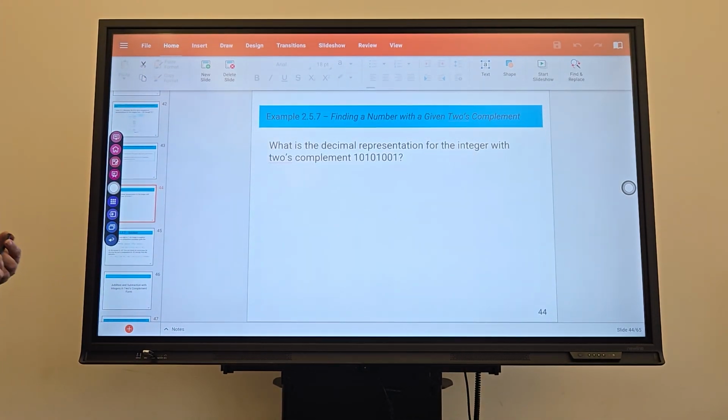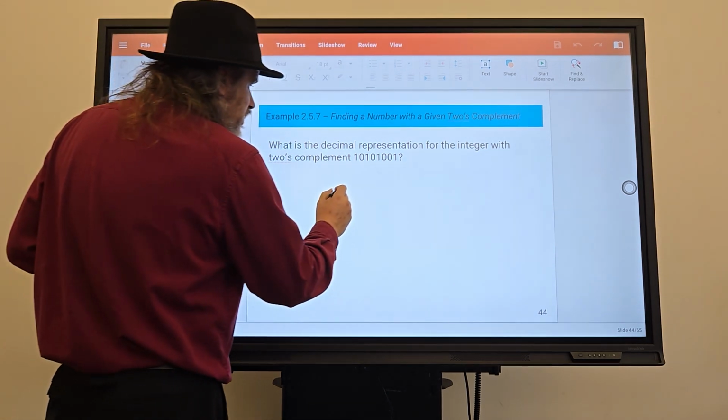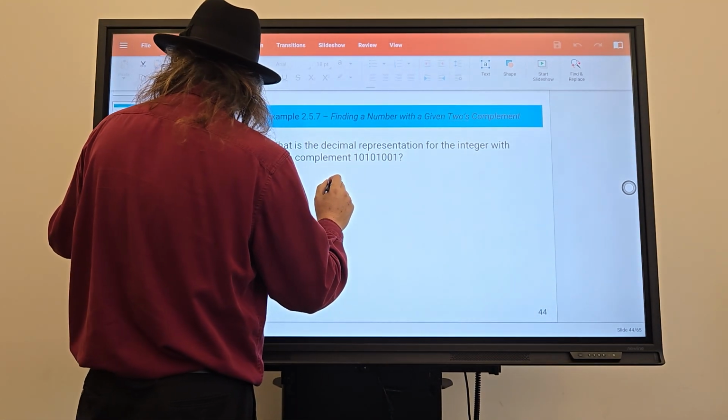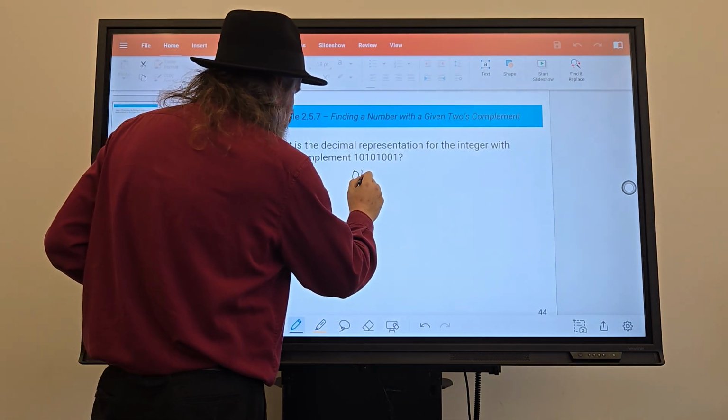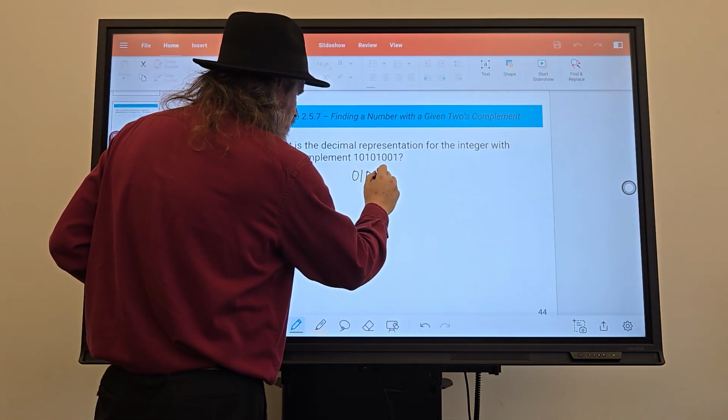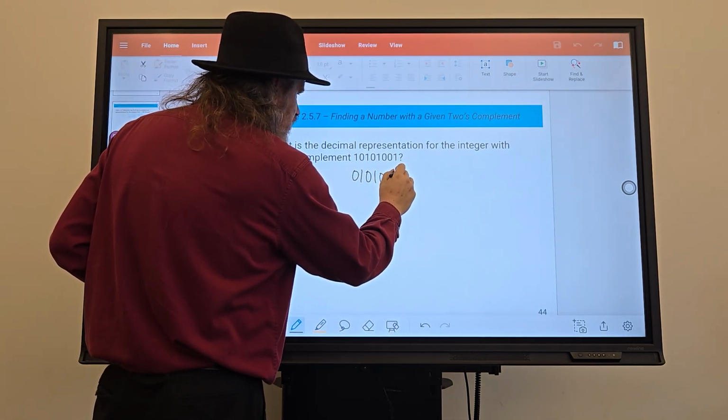What is the decimal representation for the integer with 2's complement 10101001? Well, again, you flip the bits: 0, 1, 0, 1, 0, 1, 1, 0.